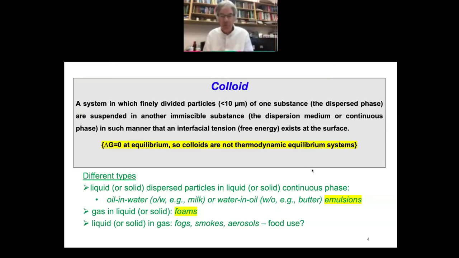Butter or margarine would be examples of those kinds of emulsions. We also have a lot of food foams in which we've got a gaseous phase dispersed into a liquid or a solid. Later on, I'll talk about ice cream. Ice cream is both an emulsion and a foam, and it has both liquid and solid phases within it, so a complicated system. So these are the different kinds of colloids.